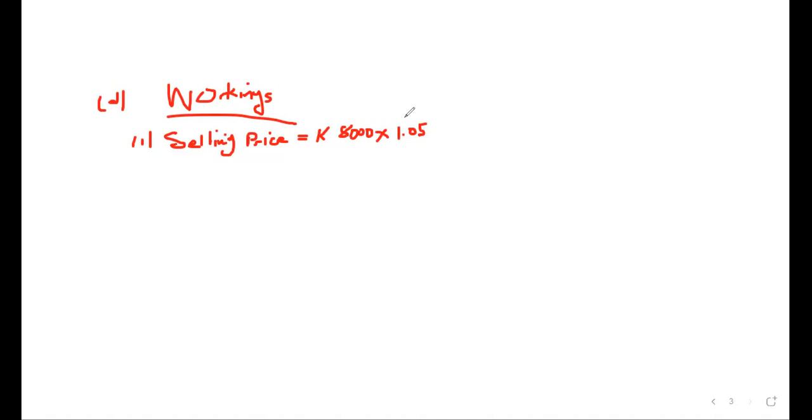What it means here is that 8,000 kwacha per unit is at 100%. Now we want to know how much it will be if we raise it to 105%.